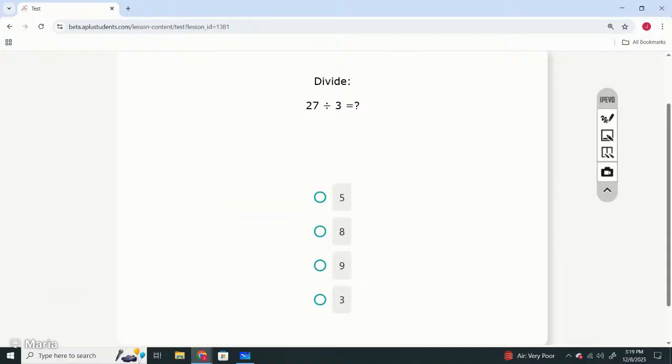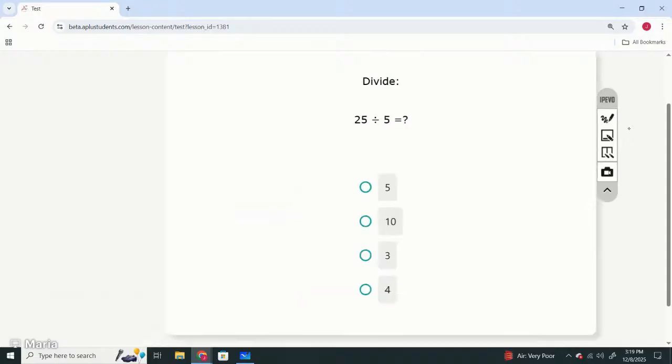Or you can skip counting by 3s until 27. So that is 9. 27 divided by 3 is 9. Option number 3 is the correct option.